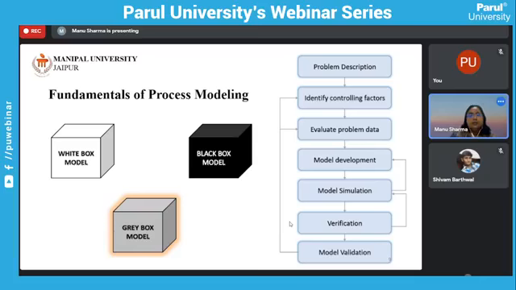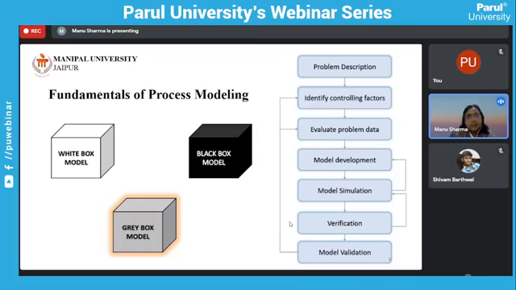There comes the verification and validation part. Based on the experimental data that we have in prior, we validate our model, whether it gives the same result as the actual process or not. If not, again you have to do some rectification in your model, and again simulate it, validate it, and verify it.